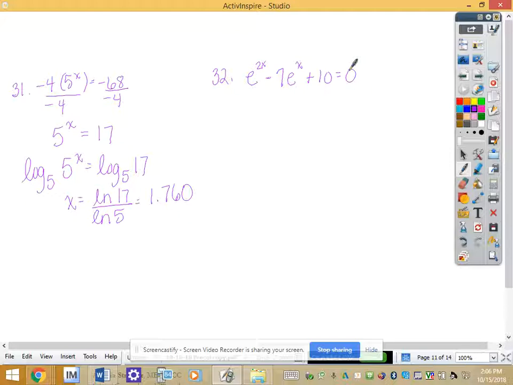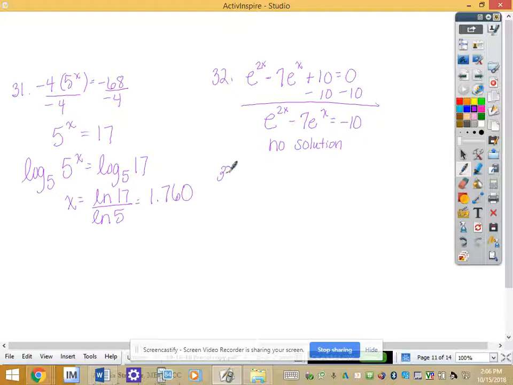I know the first thing I have to do is isolate these, so I'm going to have to subtract them. So the only way I can get rid of e is to do natural log. You know that if I do the natural log of a negative number, that is not possible. So this is actually no solution, because if I take the next step, my calculator is going to give me an error.